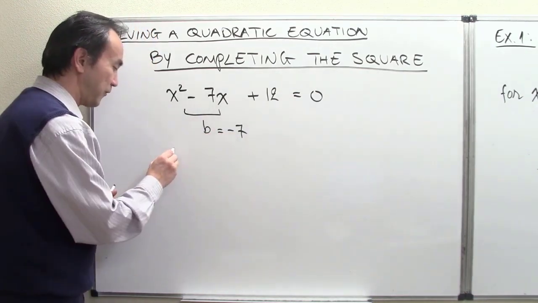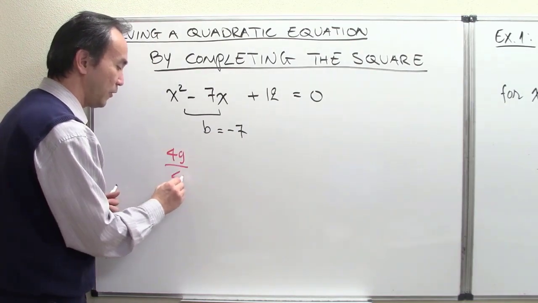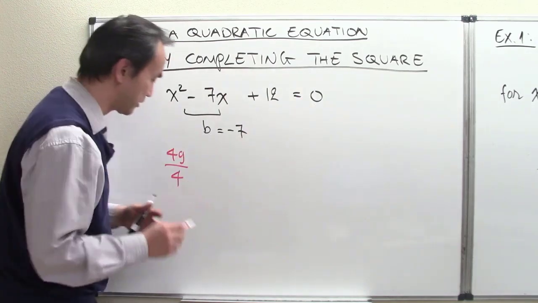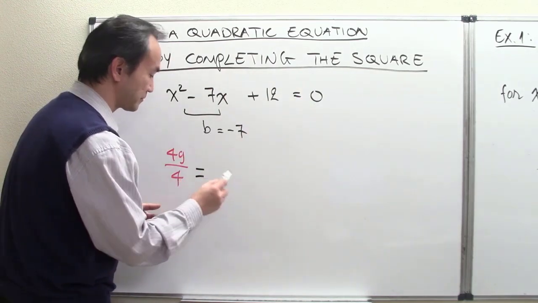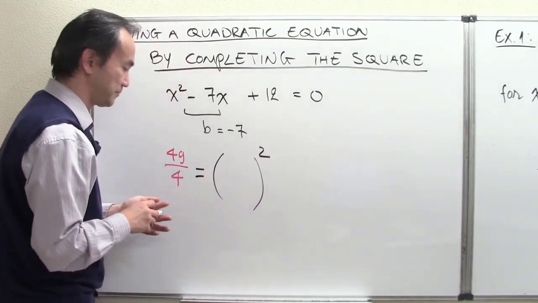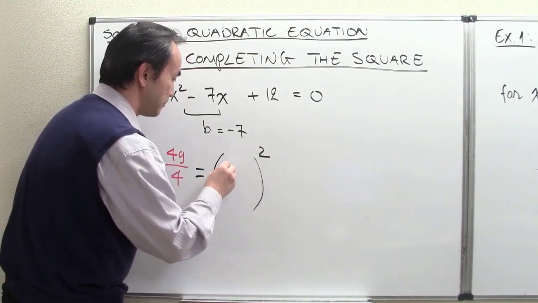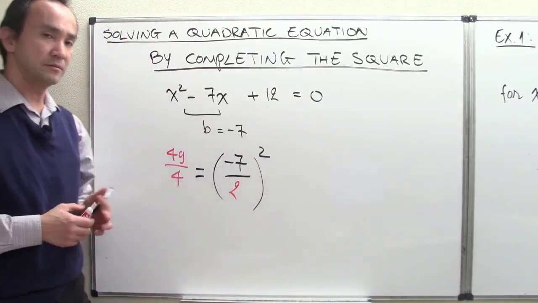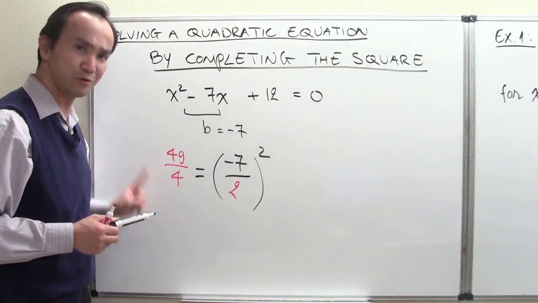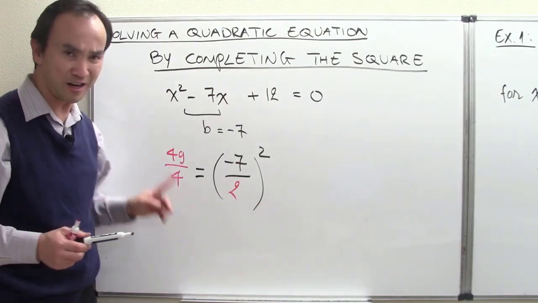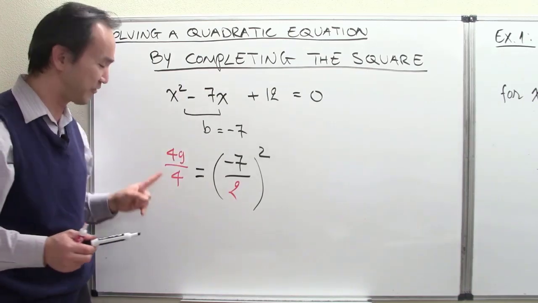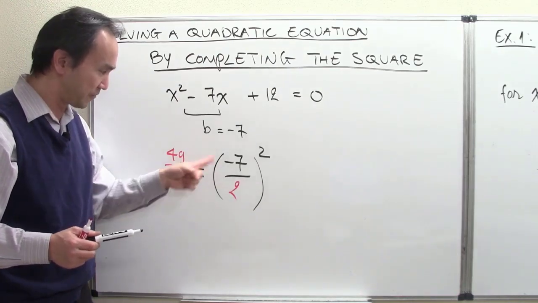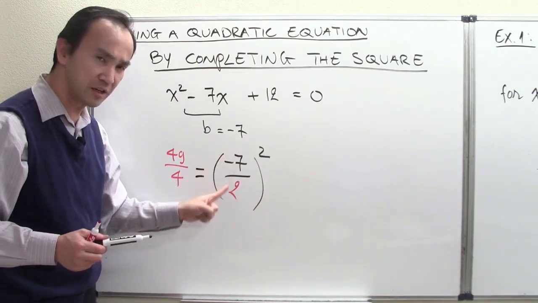And so the 49 over 4 that I decided to add to both sides of the equation that you have seen on the other board earlier came from the square of minus 7 over 2. This 49 over 4 that I call the magic number, and many other instructors have different ways of calling it, came out from the square of minus 7 over 2.